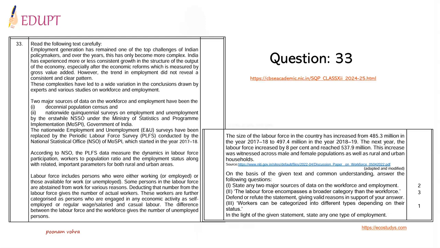This increase was witnessed across male and female populations as well as rural and urban households. The source of this information is given here in the form of a link. It is adapted and modified. So on the basis of the given text and common understanding, answer the following questions.